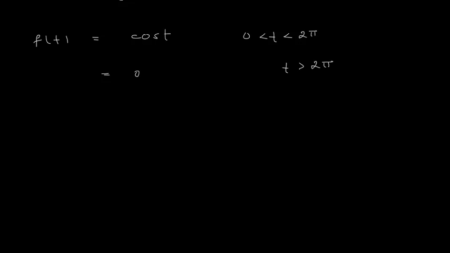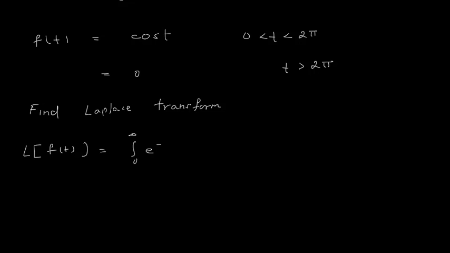Okay, so we have to find the Laplace transform. So Laplace of f of t is equals to integral from 0 to infinity of e raised to minus st into f of t dt.